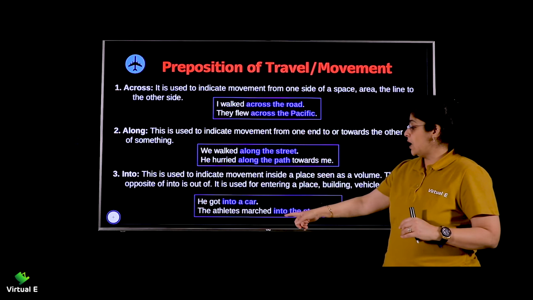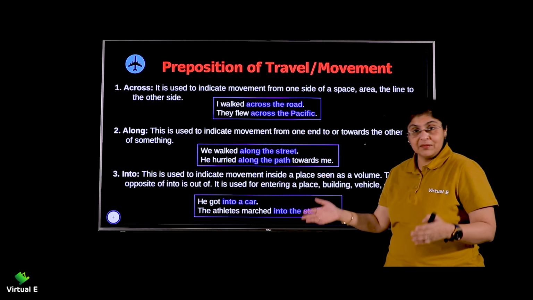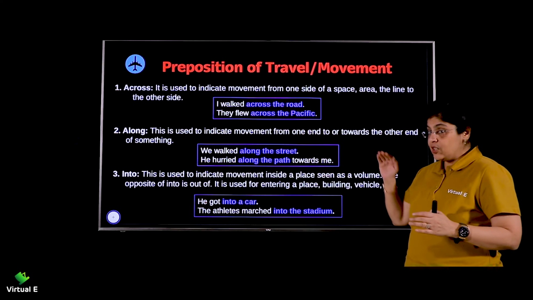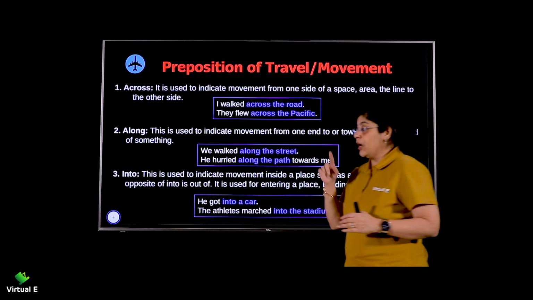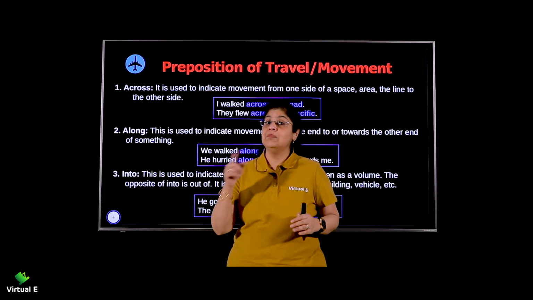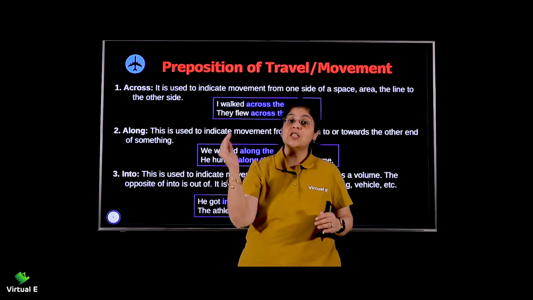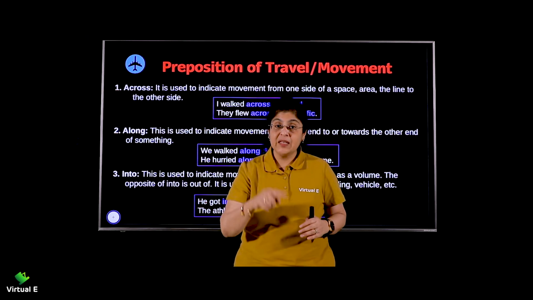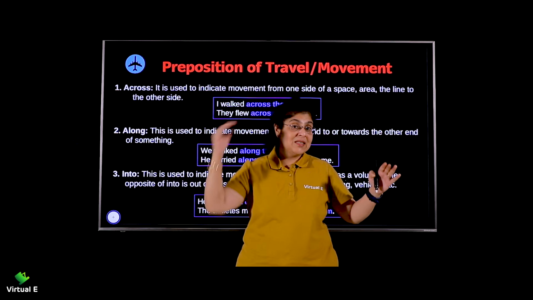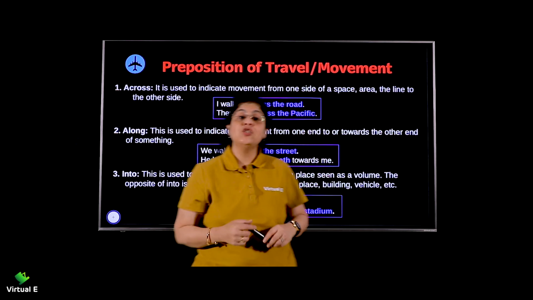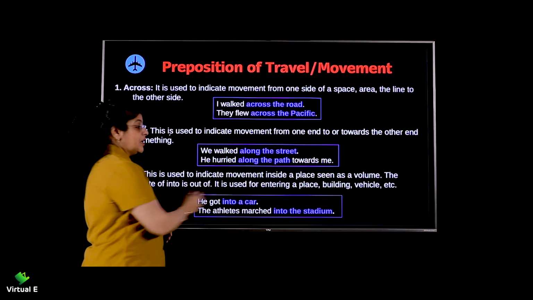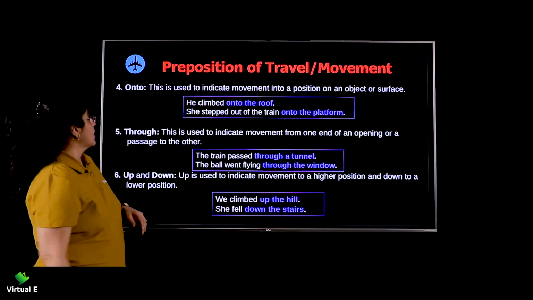The athletes marched into the stadium. There is movement and you are going inside something. You are entering a building or a place. The boy jumped into the pool. It's movement, yeah? So please remember, it's something big. He's entering something big. That is movement. So it is into, yeah? That's not in, it's into.